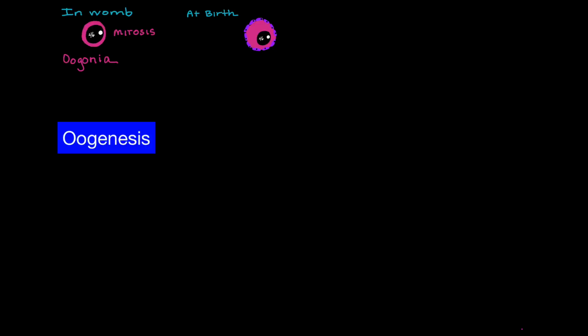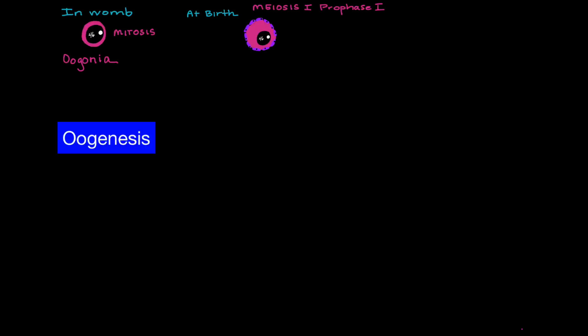This happens because right before the female is born, these cells start to undergo meiosis 1, but they stop at prophase 1. So everything starts to get together. We've got all of our chromosomes condensing, crossing over occurs. It stops. Everything halts.